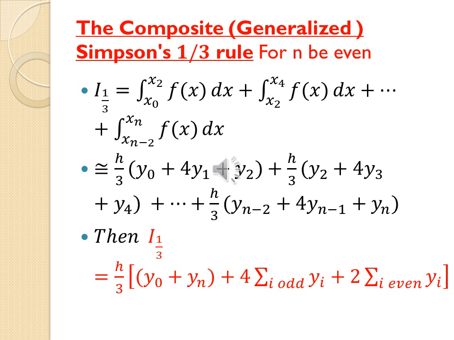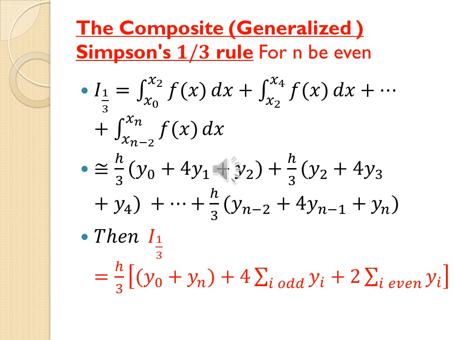If we have many points, take care that this Simpson rule is only for even intervals. It must be an even number of intervals. If I have an odd number of intervals, we can use trapezoidal, but for even intervals we can use Simpson.